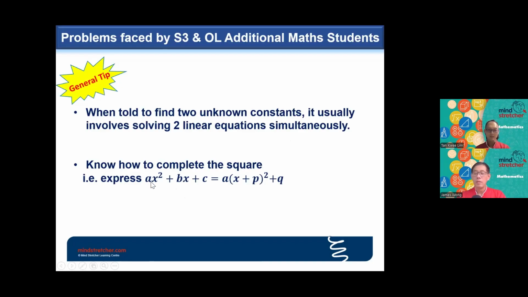For example, if they are given a quadratic expression in the general form ax squared plus bx plus c, they will need to know how to convert it to this other expression, which is bracket x plus p close bracket squared plus q.